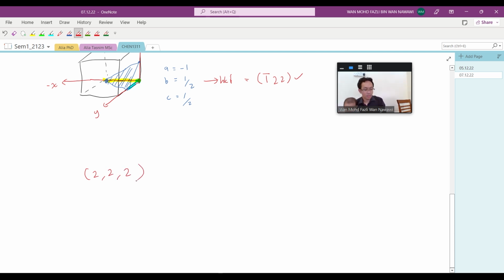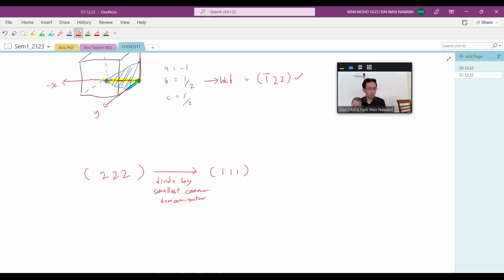You can divide this by the smallest common denominator. So you can divide by 2, you get 1, 1, 1. This is a plane, it doesn't have commas, right? If you have 2 2 2 in terms of plane, you can divide it by the smallest denominator.